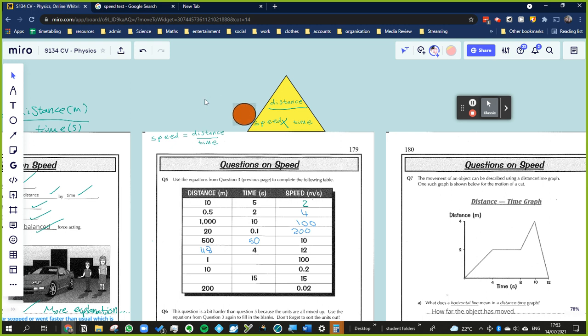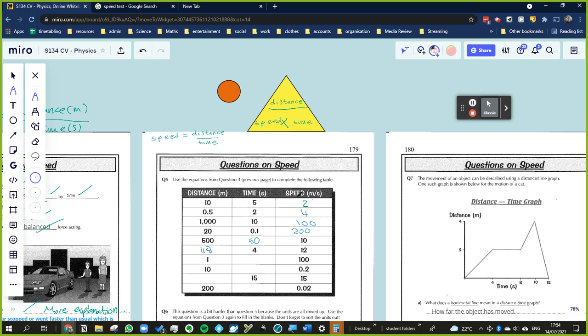If we're trying to work out speed, we cover up speed, and we can see it's equal to distance divided by time. If we wanted to work out distance, we'd cover up distance, and distance is equal to speed times time. And if we wanted to work out time, we cover up time, and time is equal to distance divided by speed. So you cover up the thing that you're trying to work out.